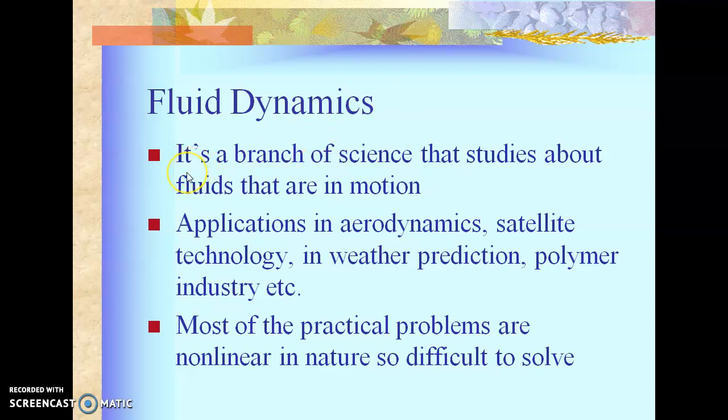This subject has a lot of applications in the areas of aerodynamics, polymer industry, and often we will use this branch for weather prediction also.